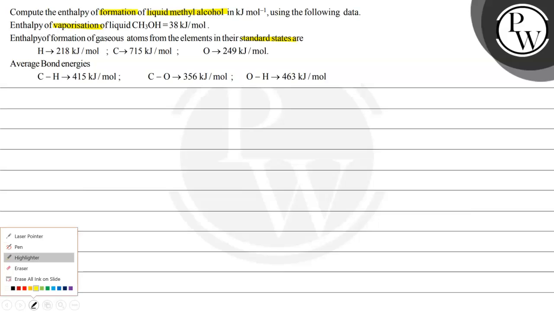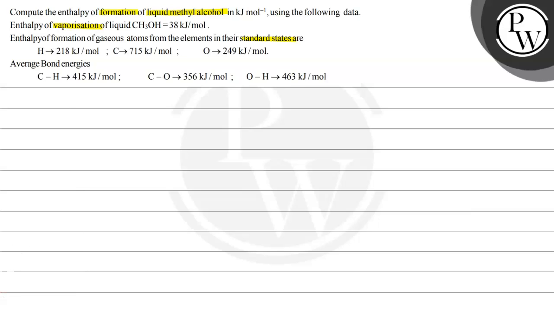So let us solve this question, and the key concept is enthalpy of formation. Enthalpy of formation, क्या होती है? It is the enthalpy change when all the elements in their standard state combine to form a molecule in the given state.